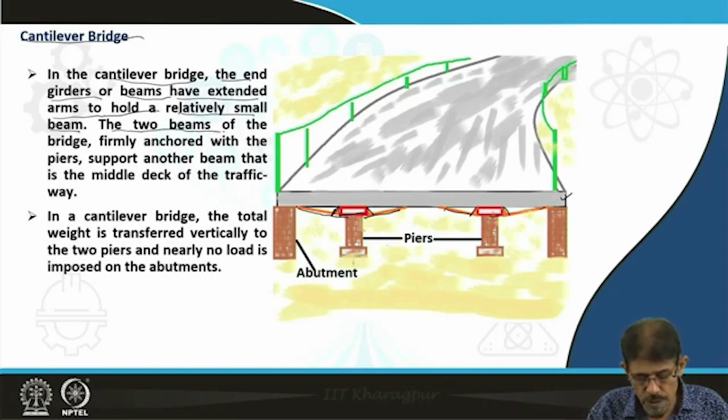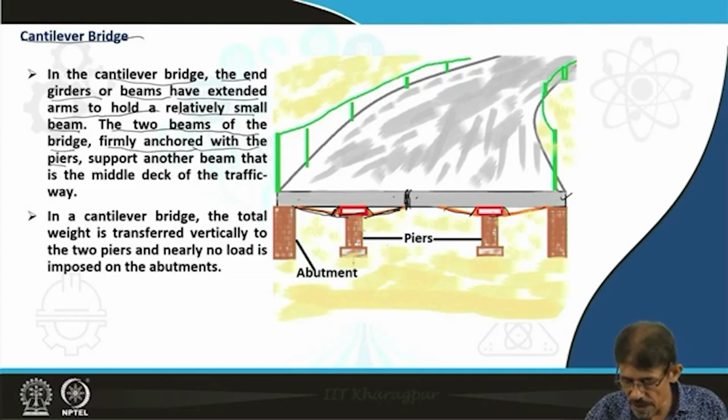The two beams of the bridge are firmly anchored with the piers. This beam supports another beam, that is the middle deck of traffic.